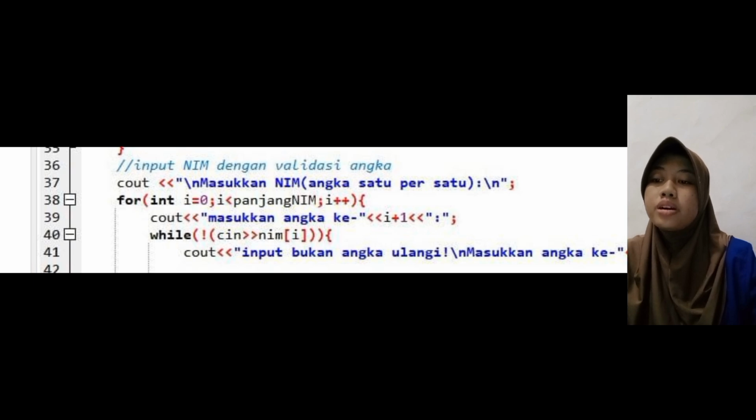Input name with numeric validation. This comment informs that this section of code is intended to ask the user to enter their name, and then cout enter name. This is a literal string that will be displayed on the screen. And then int i declares a variable as an integer and initializes it with the value 0.